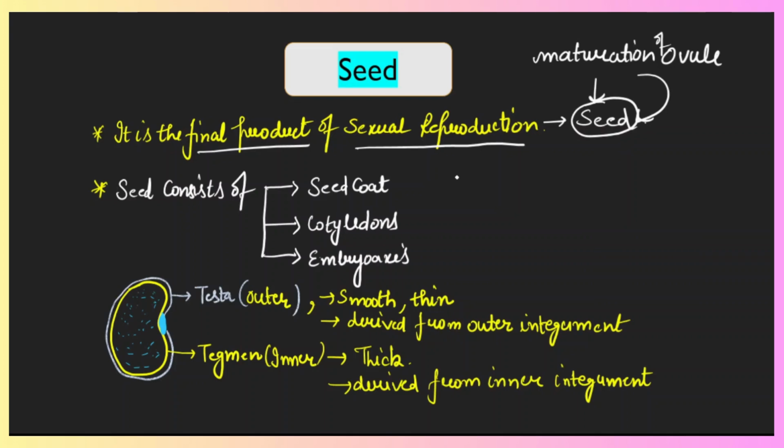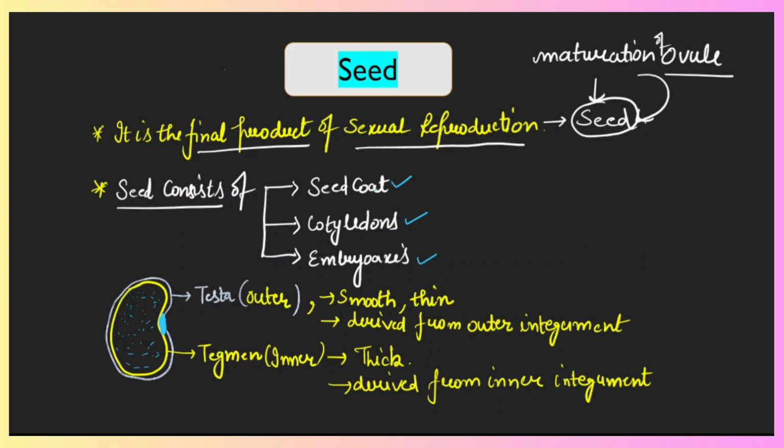So the seed is formed from the ovule. Now, seed consists of mainly 3 parts. First one is the seed coat, second is the cotyledons, and third is the embryo axis.